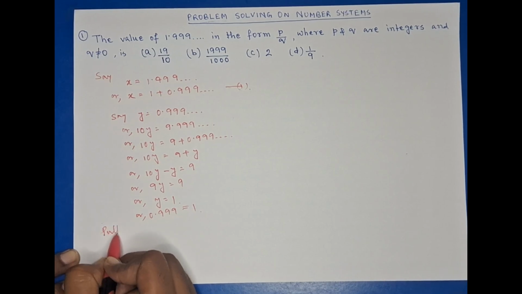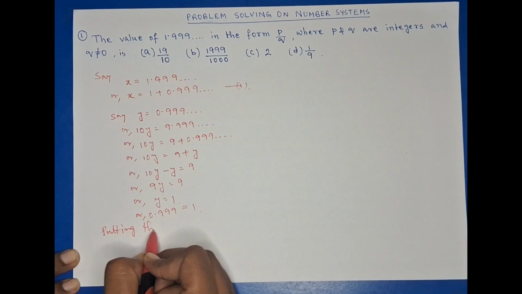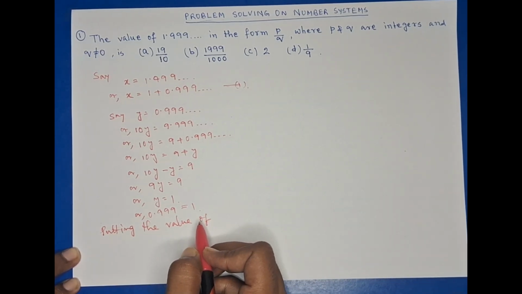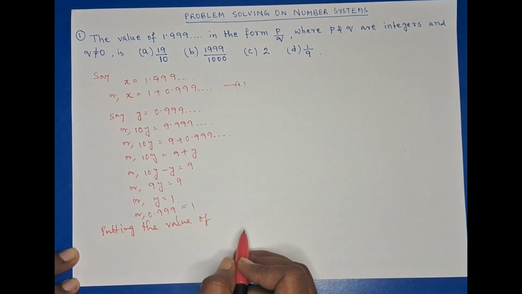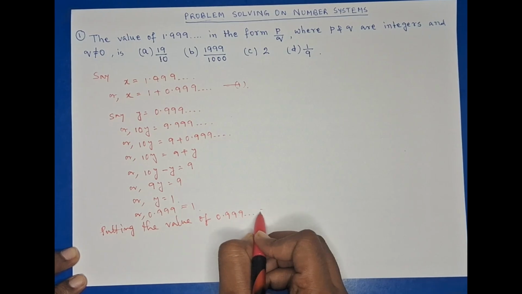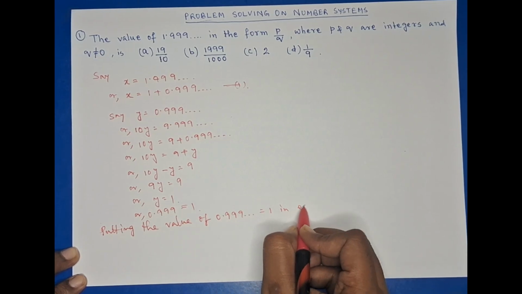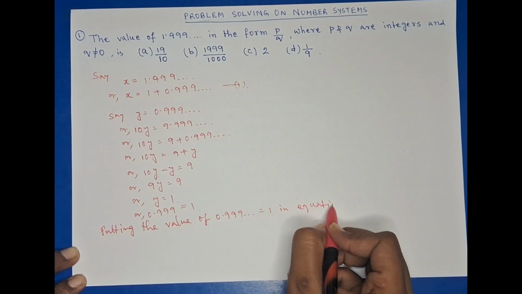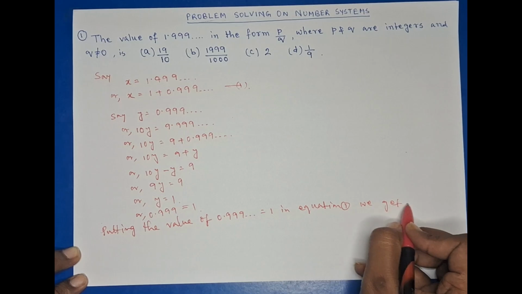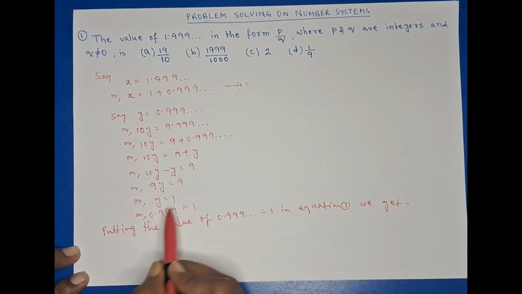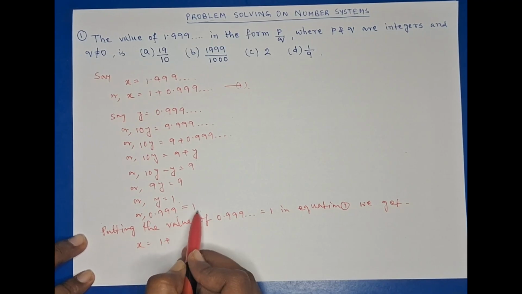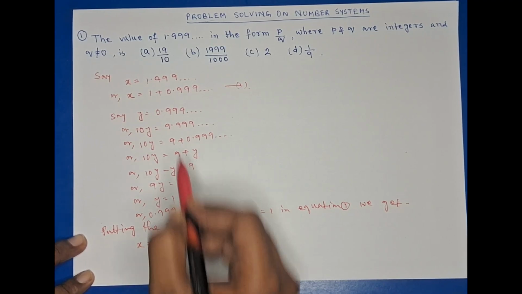Now putting the value of 0.999 dot dot dot is equal to 1 in equation 1, what do we get? x is equal to 1 plus this 0.999 dot dot dot, which is equal to 1.